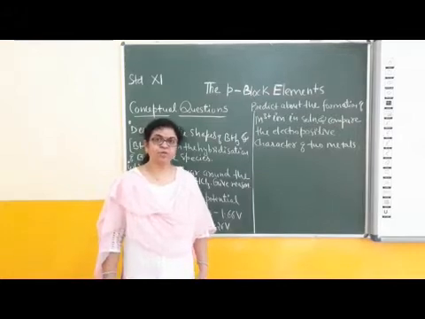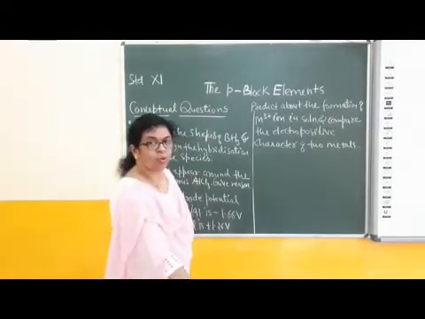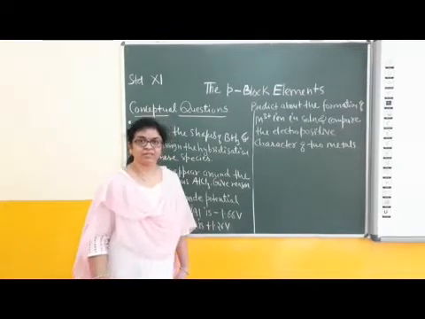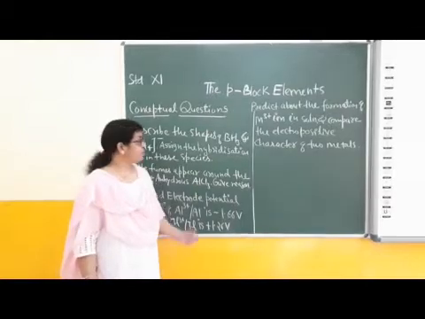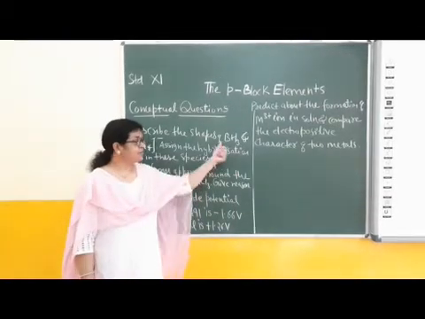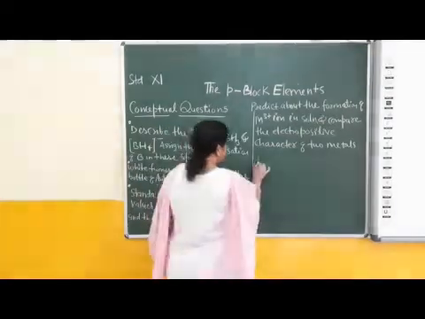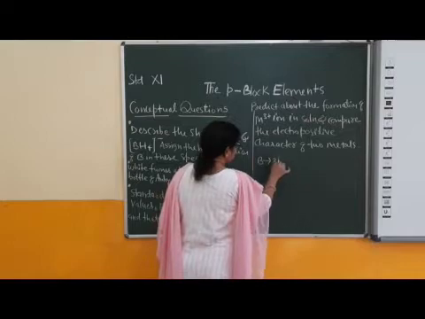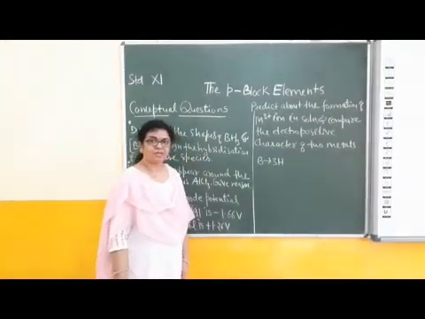Describe the shape or geometry of any compound. It depends on the type of hybridization, and the type of hybridization depends on the total number of atoms which are attached with the central atom. In BH3, B is attached with 3 hydrogen atoms. Then how many hybrid orbitals are required?